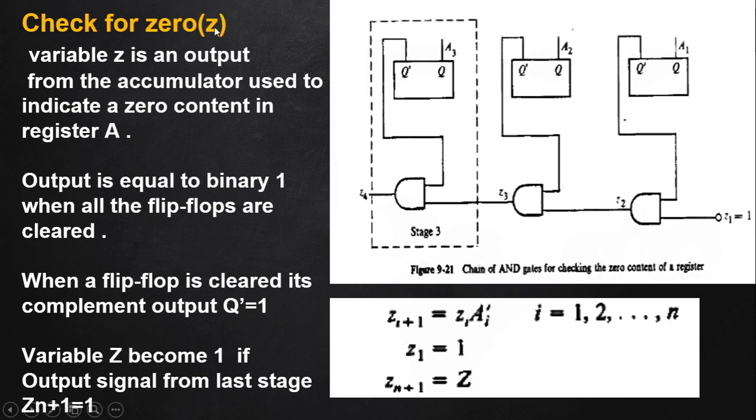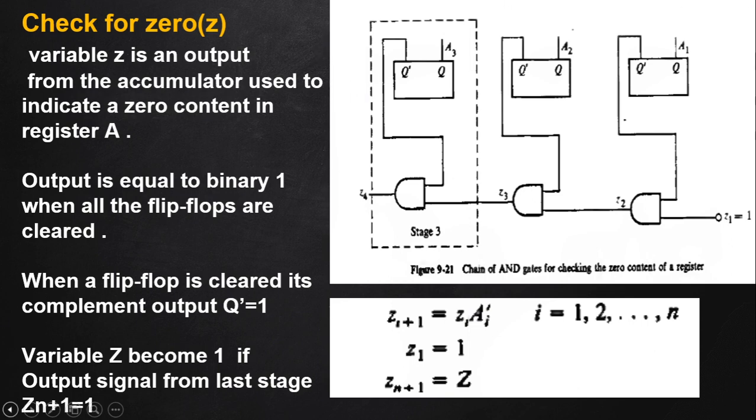That particular bit is set as value 1 if all the bits of accumulator register are currently holding the value 0. Otherwise, this status bit Z holds the value 0.